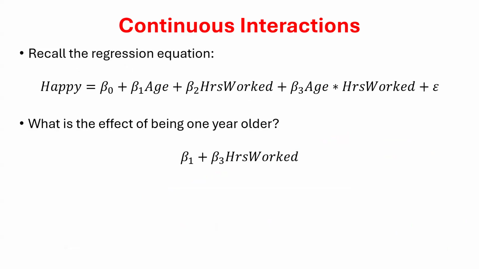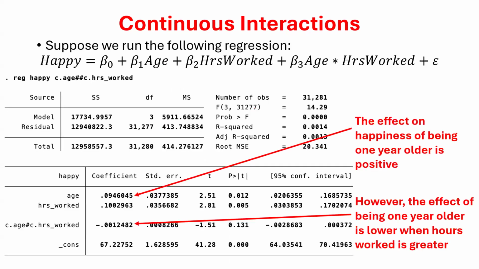Just to give a visual of this, we had happiness as a function of age, I'm going to say HW for hours worked, and then an interaction between the two. When I looked at the actual regression results, I showed them to you. This was 0.0946.